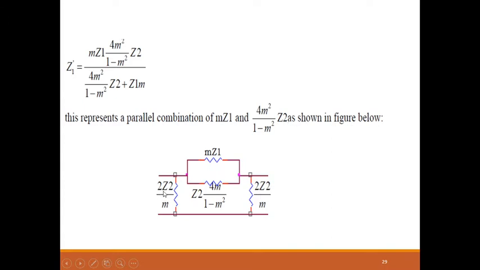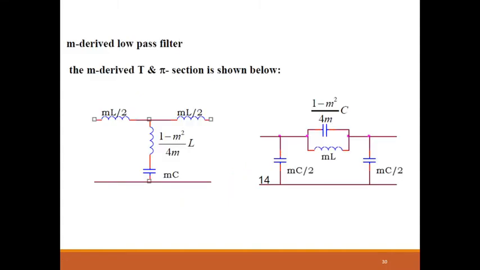See here, in the previous case, while we are substituting the new term, that is the M term, that pi network has been modified like this: 2 into Z2 by M, then M into Z1 as well as Z2 into 4M by 1 minus M square. So based on the relationship which we have discussed now, we are going to derive the low pass filter for the T and pi model, and the high pass filter, band pass filter and band elimination filter.